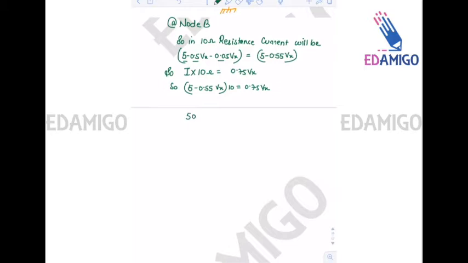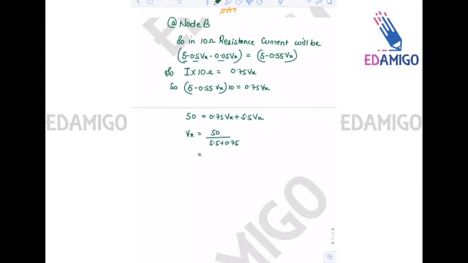So 50 is equal to 0.75 Vx plus 5.5 Vx. So Vx is equal to 50 divided by 5.5 plus 0.75.